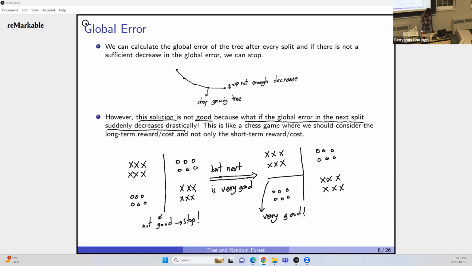That's the reason, because we can't see the future. This is like a chess game where we should consider the long-term reward or cost and not only the short-term reward or cost. That's also related to reinforcement learning. We need to see further. In chess, you might sacrifice your queen, right? But you know that in 10 moves, you will win, right? You need to see the future.